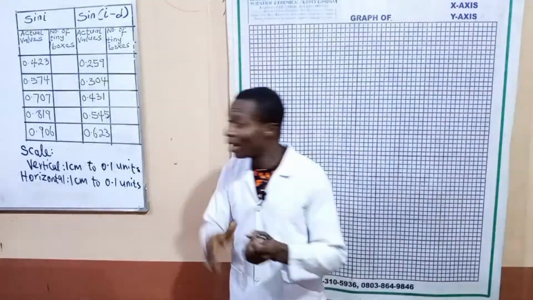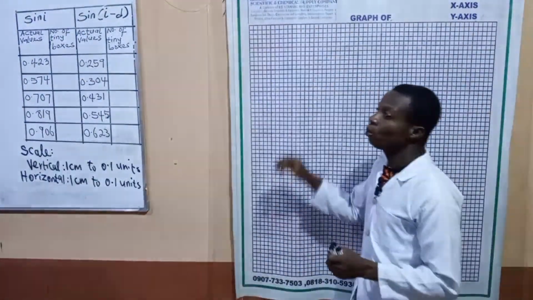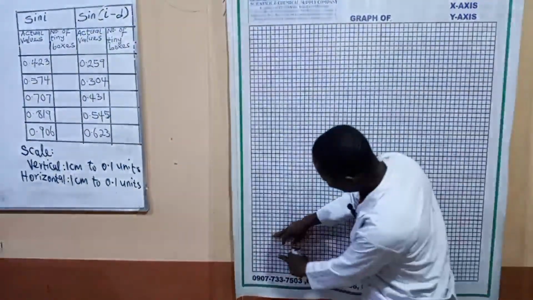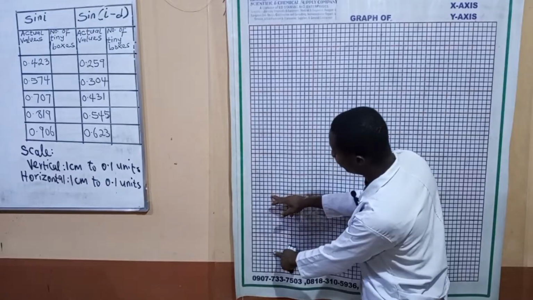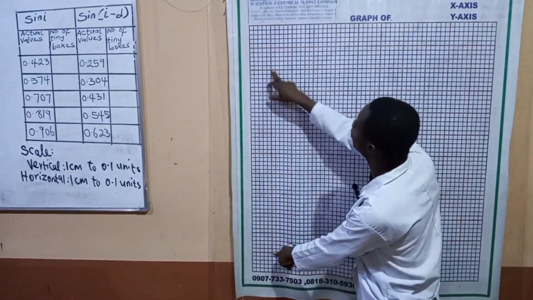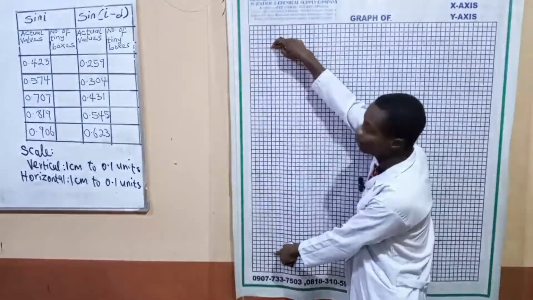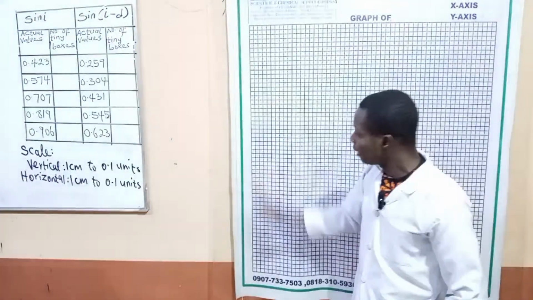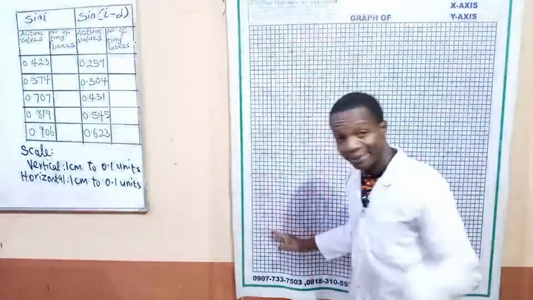If it's 1, then it means we can have 0.1, 0.2, 0.3, 0.4, 0.5, 0.6, 0.7, 0.8, 0.9. Then this is 1. So just take 10 boxes, and each of the boxes is 1 cm.